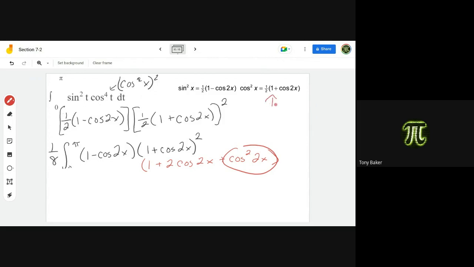By doing that. So this is now 1 plus 2 cosine 2x plus 1/2 times 1 plus cosine 4x.